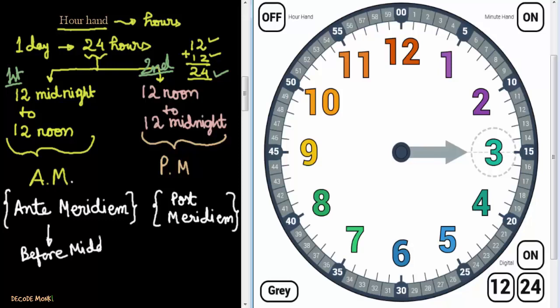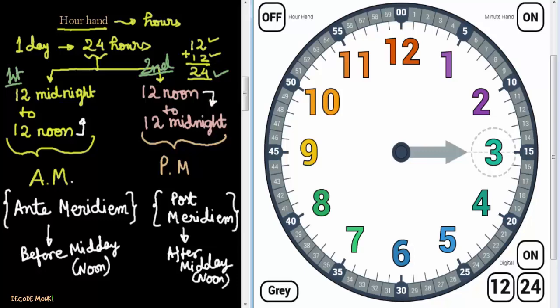You can see from the timing also that it represents before noon. That means before midday, or before noon. And post meridian means after midday. So you can say it's after midday or after noon.